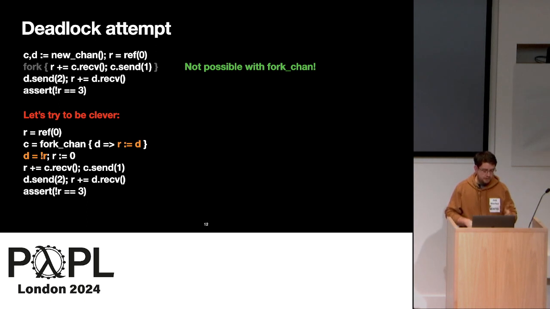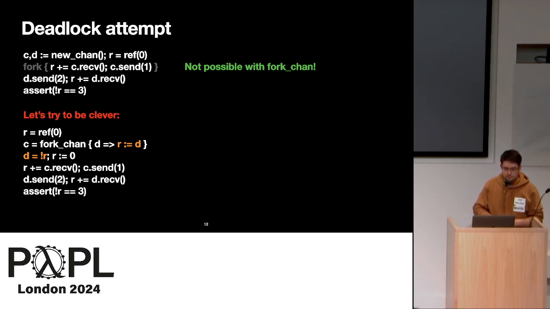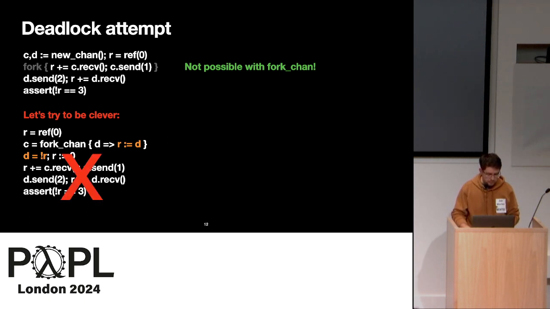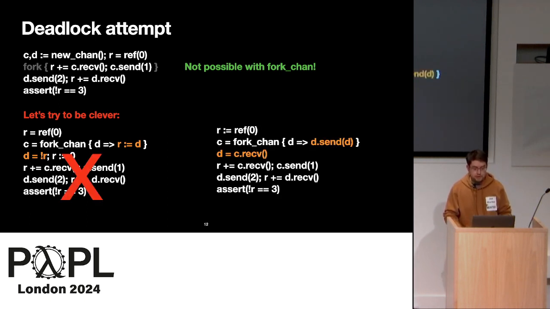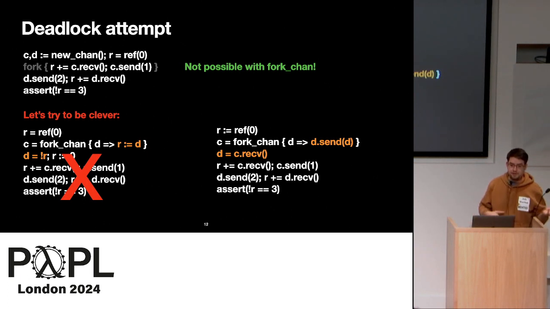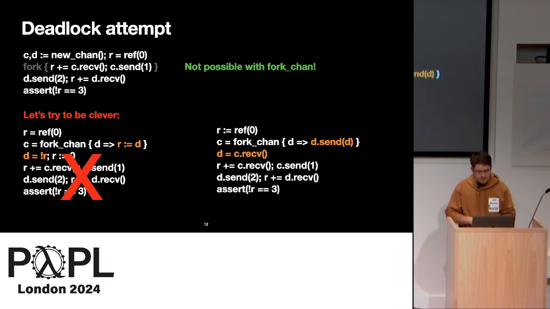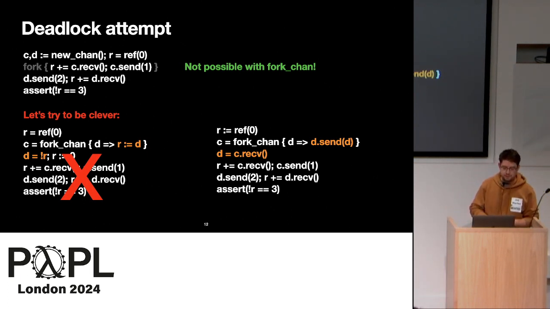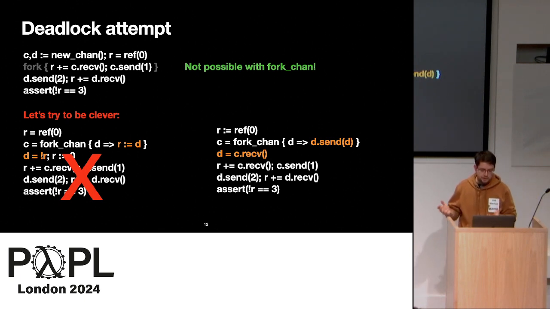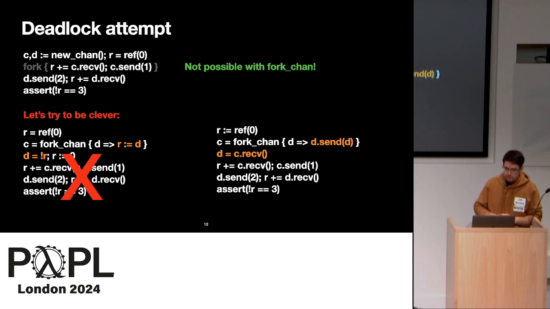For example, here we create a reference, and inside the forked off thread, we try to smuggle this channel out via the reference. But this doesn't work. You can also see it's erased, I think. We could try to send the endpoint back via the channel itself. Turns out that this also doesn't work, because now we are using the channel twice somehow. And that doesn't work.